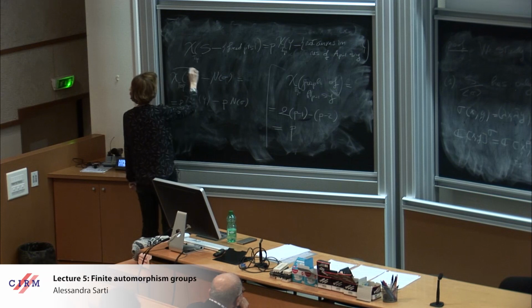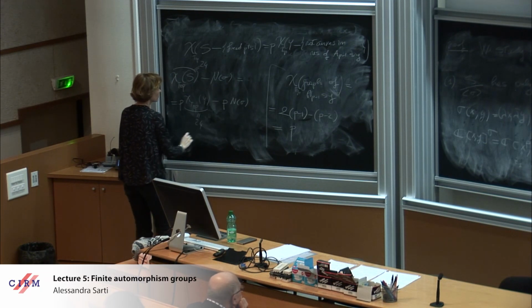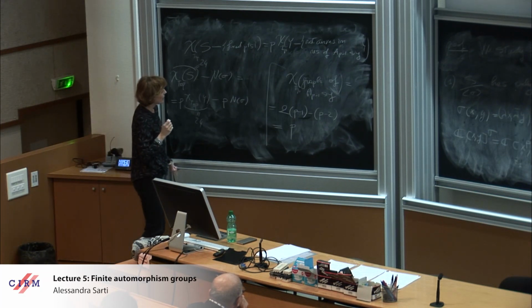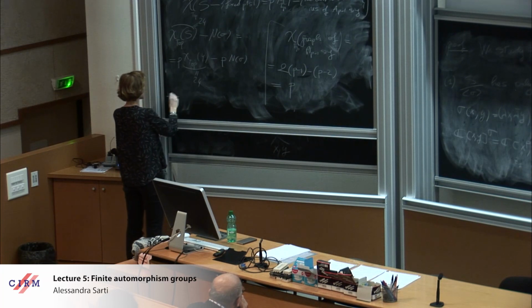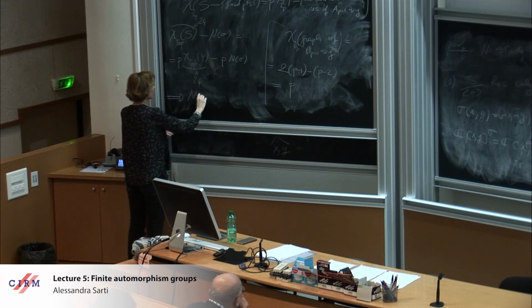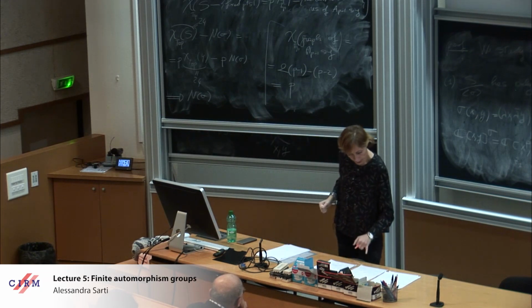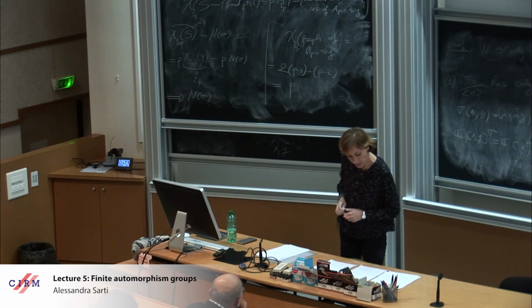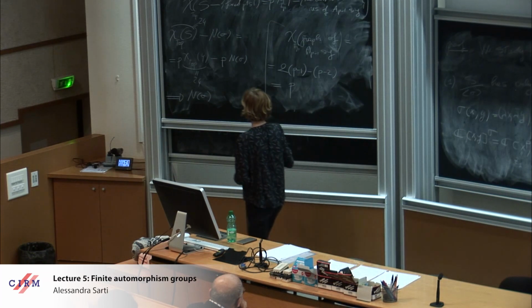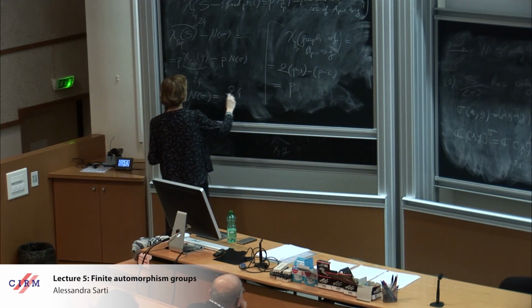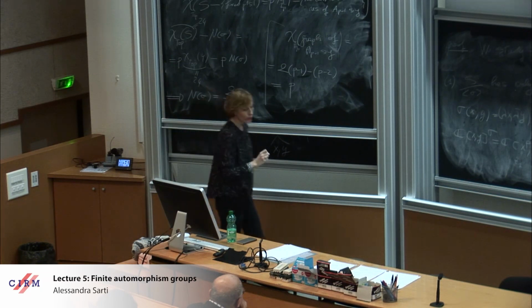So I know this is 24, and I know this is 24 because I say this is a K3 surface. And if you put all together, this tells you that n sigma is 24 divided by p plus 1. So don't do all the computation. It is 24 divided by p plus 1.